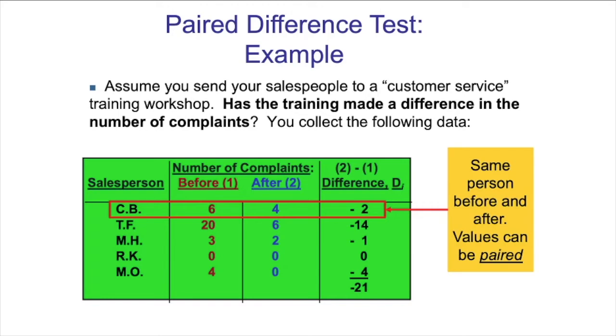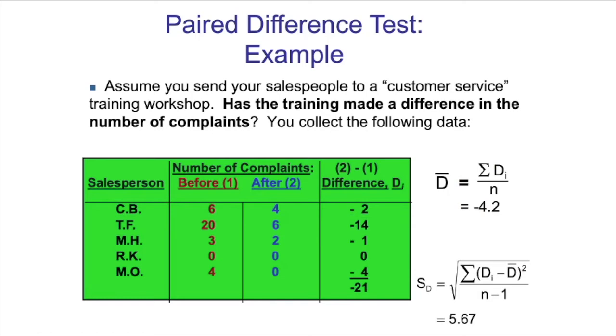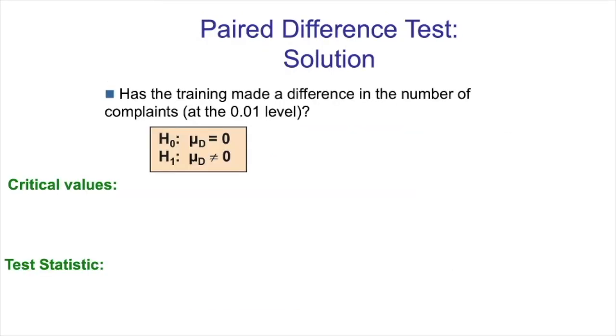Well, you treat d the same way as you would have treated an x variable previously. So you compute an average, d bar. It is just the average of the differences. Then you compute a standard deviation, SD, which is computed the same way as you did before. It is the square root of the sum of squared deviations from the mean divided by n-1. And then you can run your test.